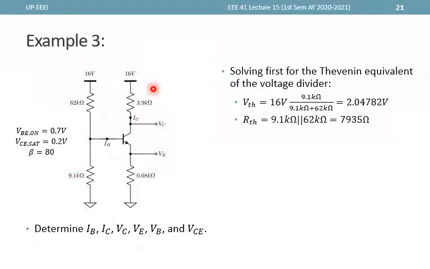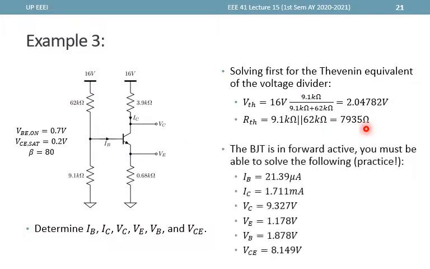So again, to analyze this in a simpler way, we can start by converting this divider into its Thevenin equivalent circuit. So the Thevenin voltage is 16 volts times 9.1K over the sum of 9.1K and 62K, and that is around 2.04782 volts. The Thevenin resistance is the parallel of the two, and that is around 7,835 ohms.